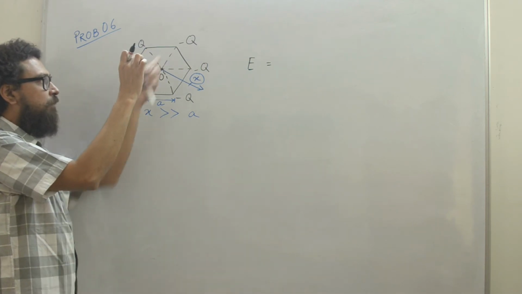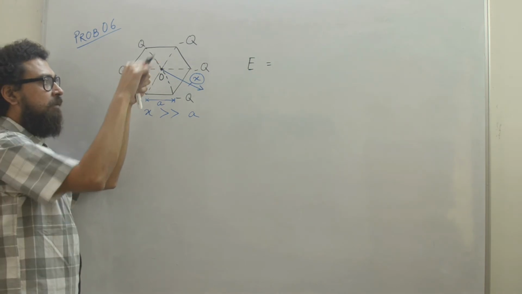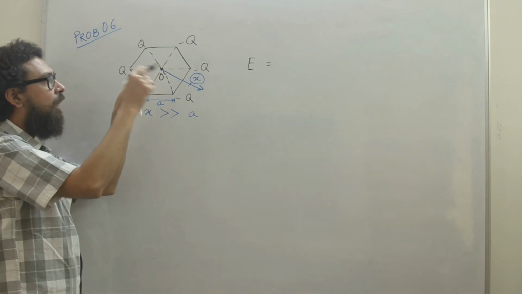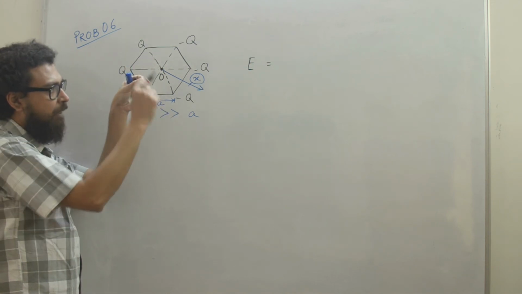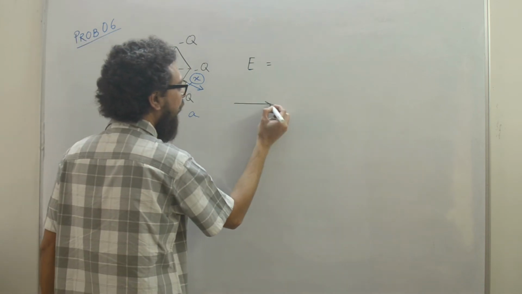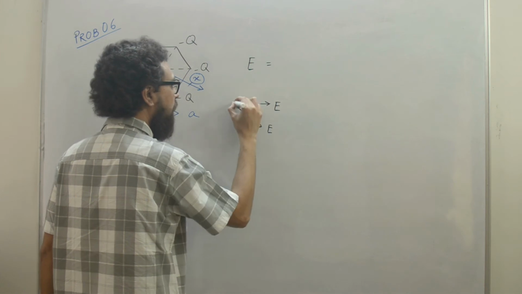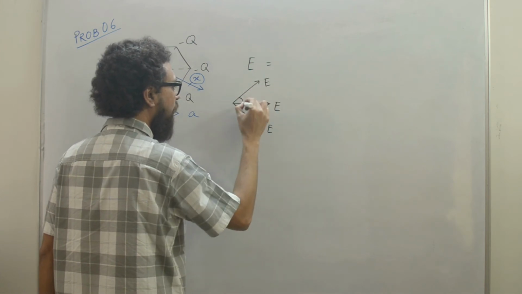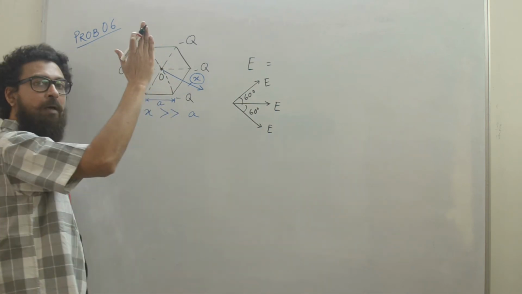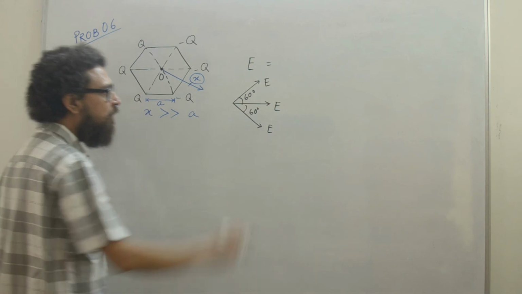For this dipole, you are getting a field like this, another one this way, and for this dipole, this way. So your electric field diagram is like this. There is one E, one E, one E, all inclined at 60 degrees. We are taking a plane parallel to the plane of this hexagon. Okay. So what can I write?